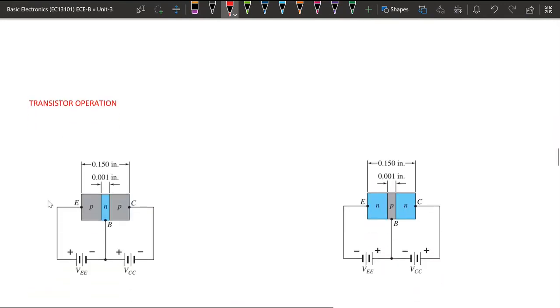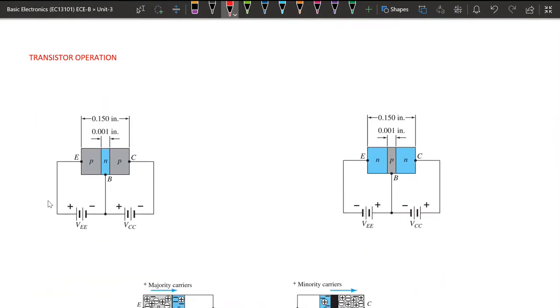We will break the transistor operation into different modes: it has two diodes connected, so we consider them separately, one diode operating while the other is off, then the first off and the second operating. Based on that, we will see how the transistor operates.